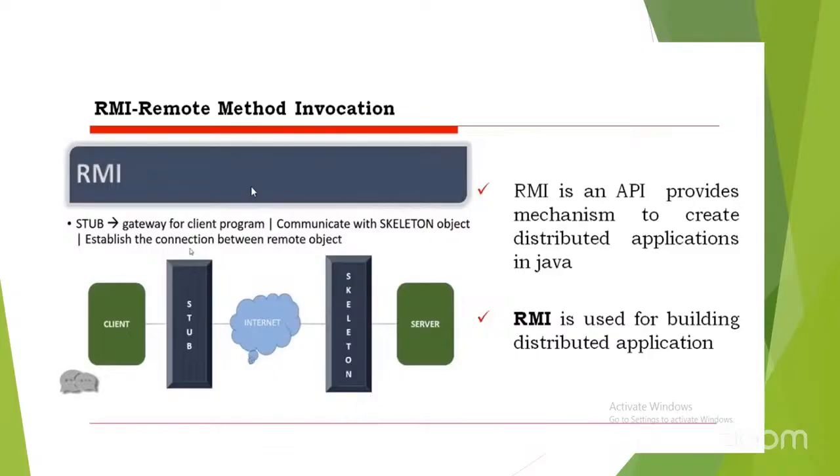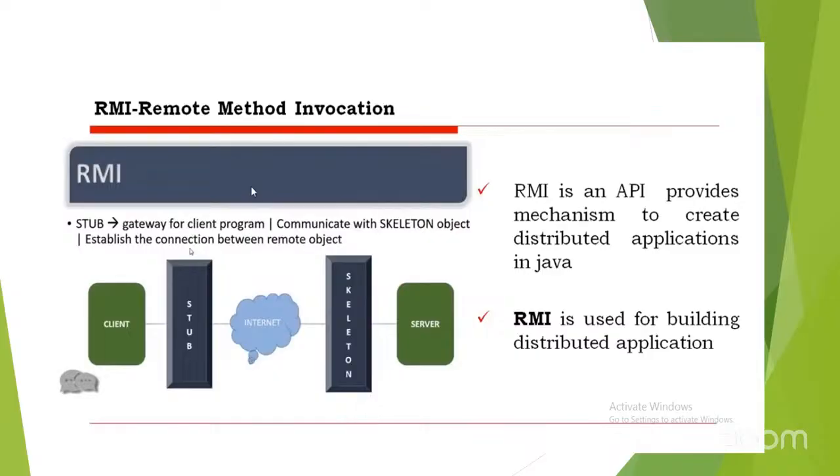This stub is a gateway for the client program, which communicates with the skeleton object and establishes a connection with the remote object. The remote object is one which is not near you, which is far away from you. That is called a remote place. So if we want to exchange information from one location to another remote location, then the RMI API is required.